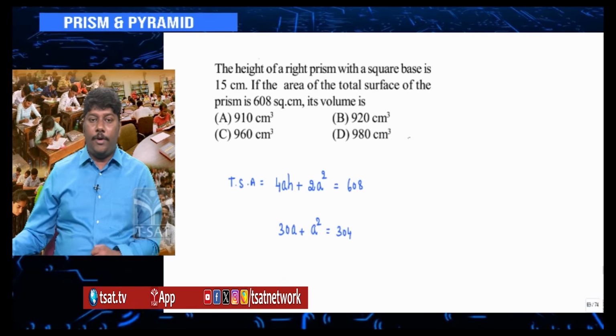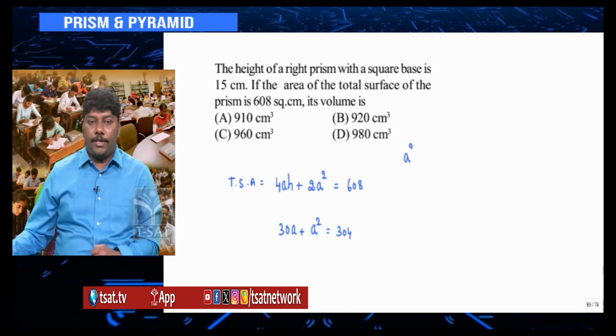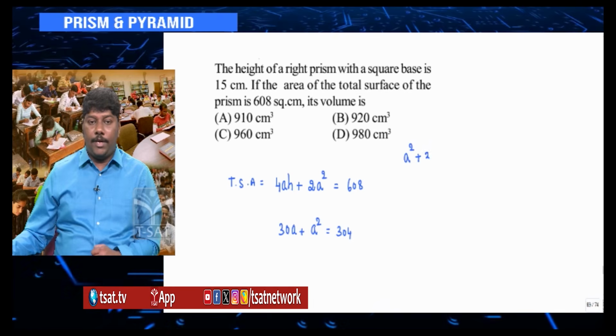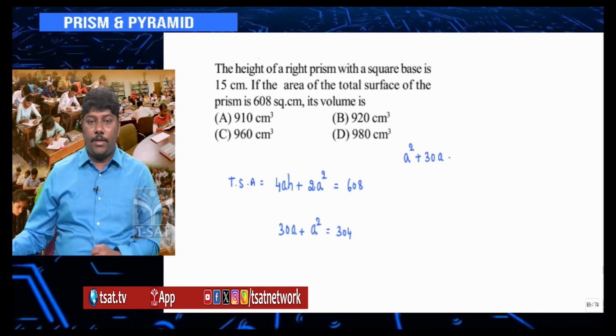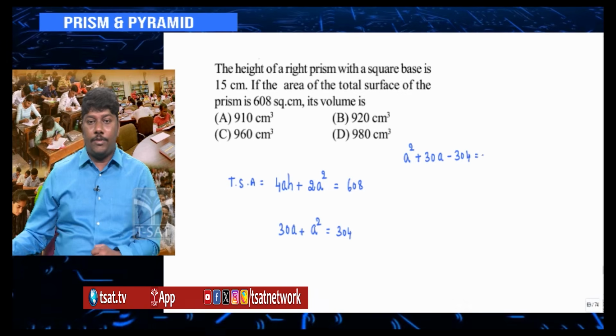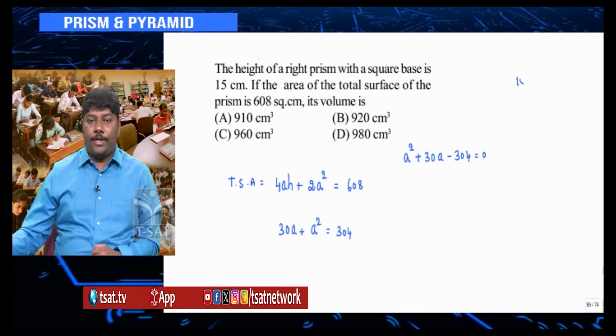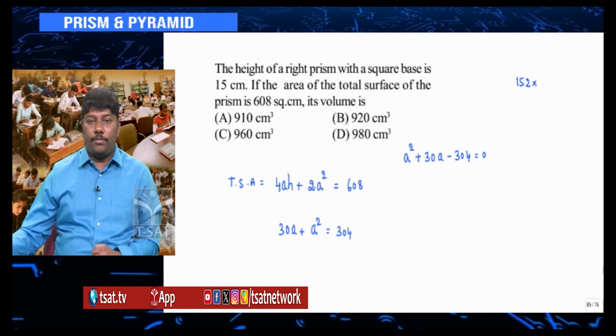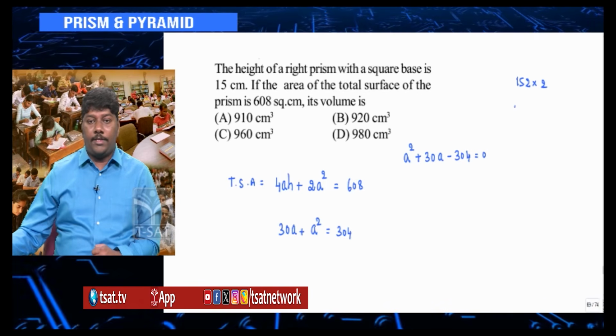You can substitute the value or you can just derive it. a square plus 30a minus 304 equals 0. 304 is 152 into 2. This is 19.